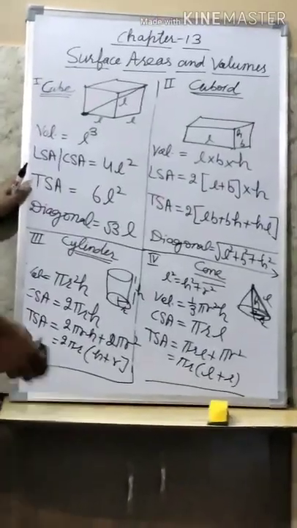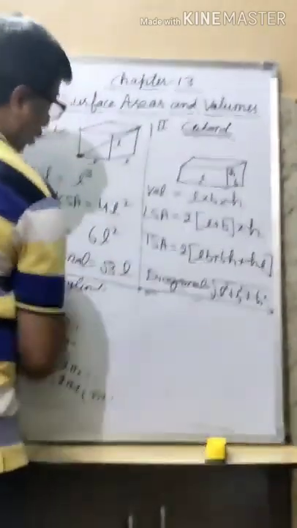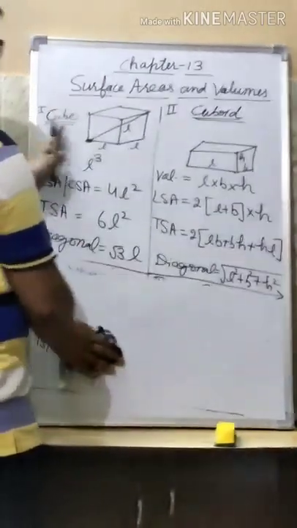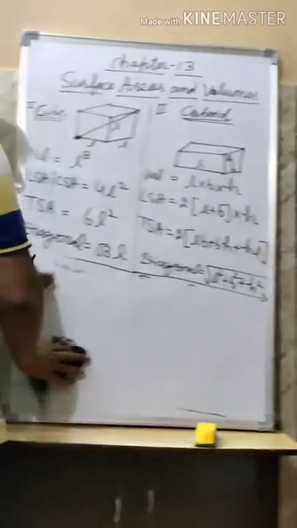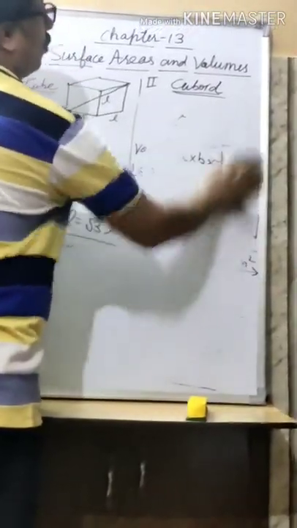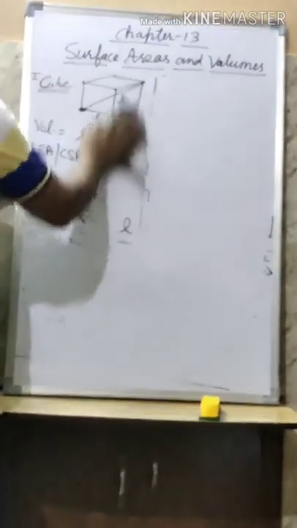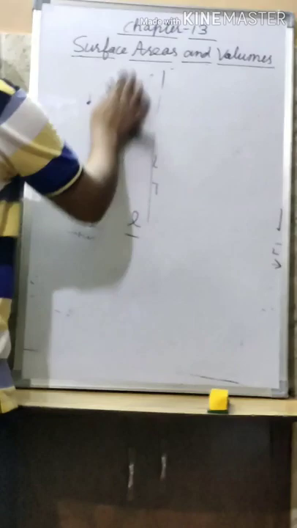Now two more. We have taken cube, cuboid, cylinder and cone. Now two more you write together, that is sphere and hemisphere.